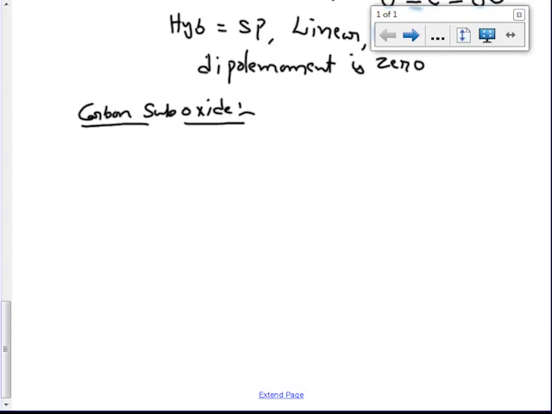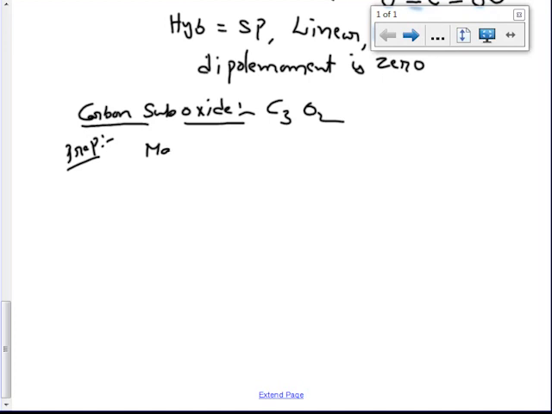These 4 compounds we have to discuss, along with their related compounds. Now, carbon suboxide. First is the preparation. The formula of carbon suboxide is C3O2.